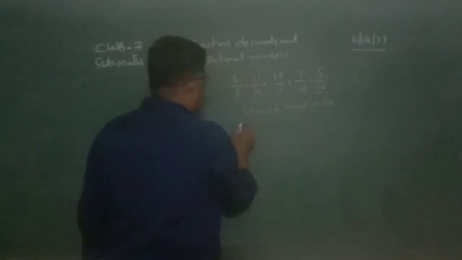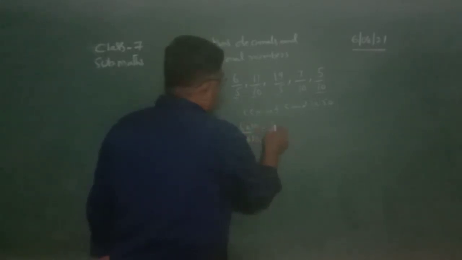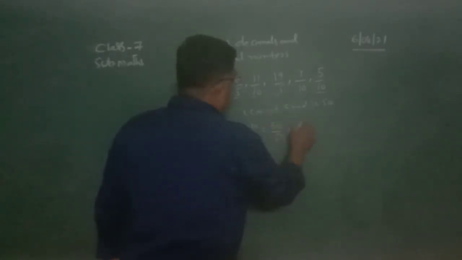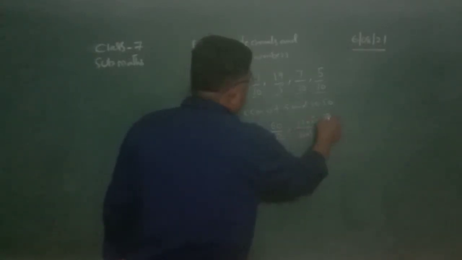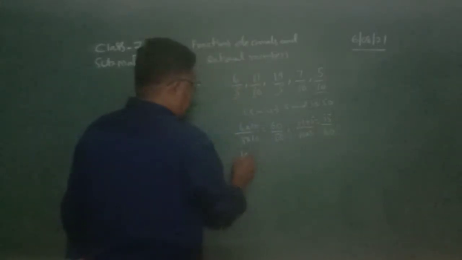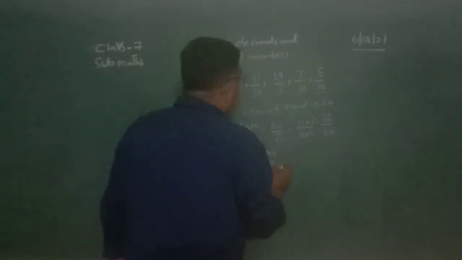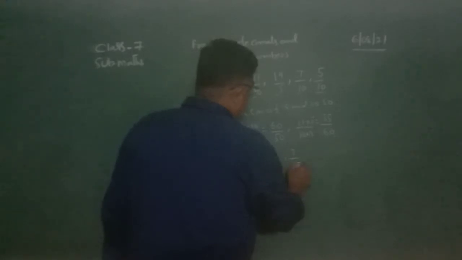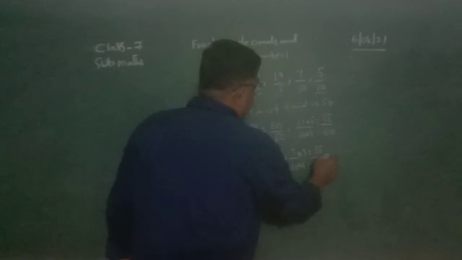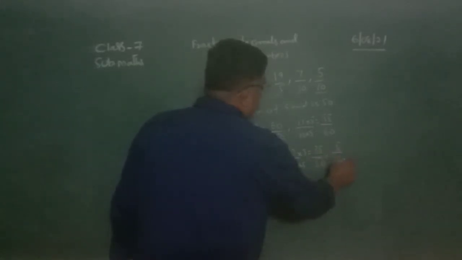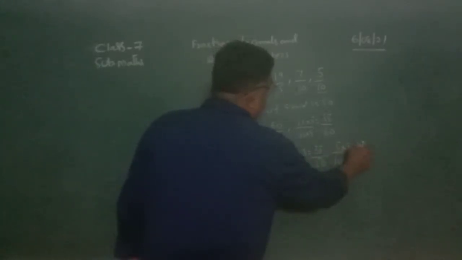So, multiply 6 by 5, both numerator and denominator, with 10. You get it as 60 by 50. 11 by 10 into 5 into 5, 55 by 50. 19 by 5 into 10 into 10, 190 by 50. 7 by 10 into 5 into 5, 35 by 50. 5 by 10 into 5 into 5, 25 by 50.